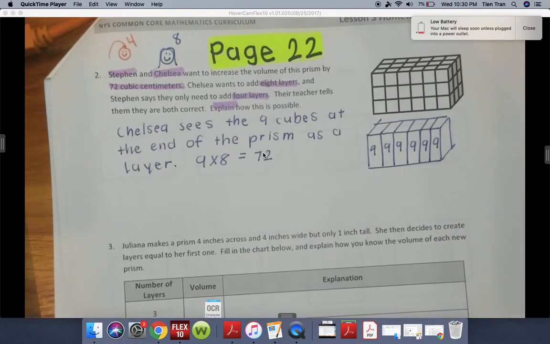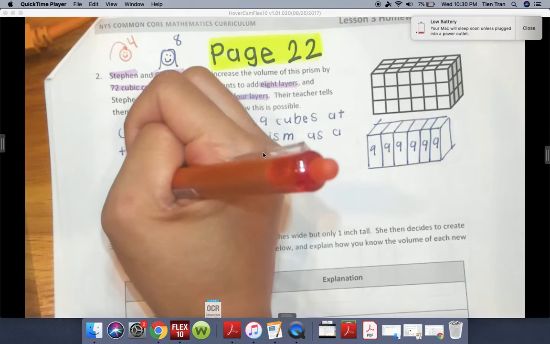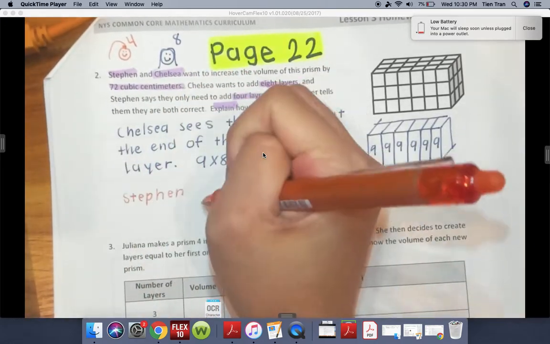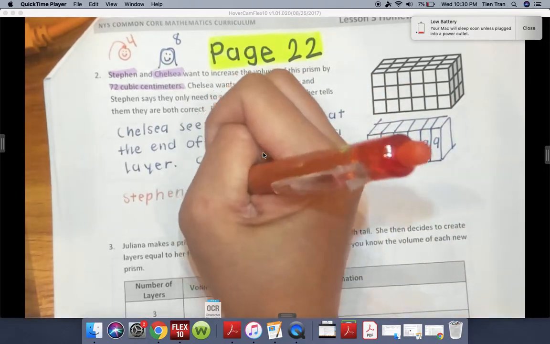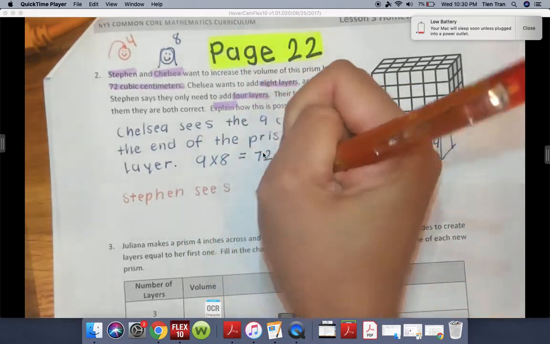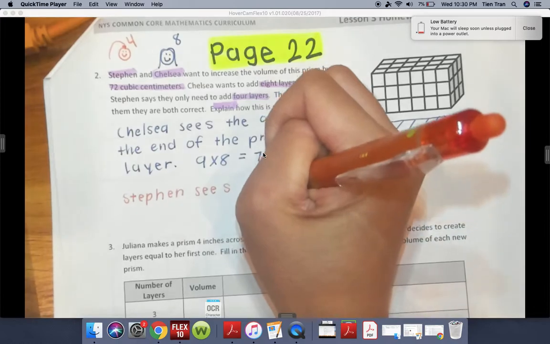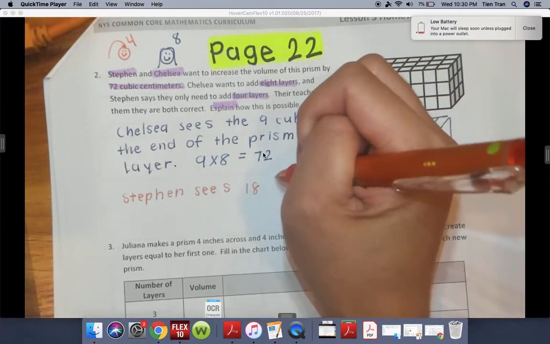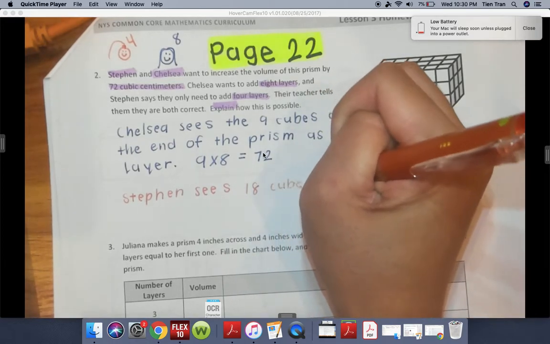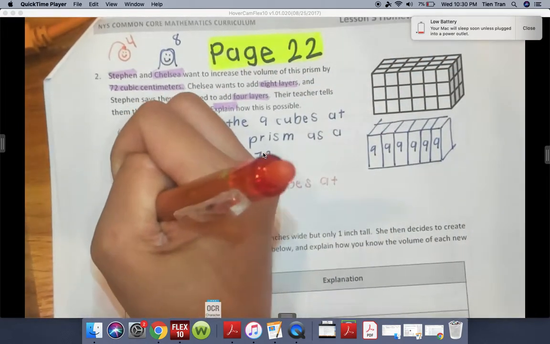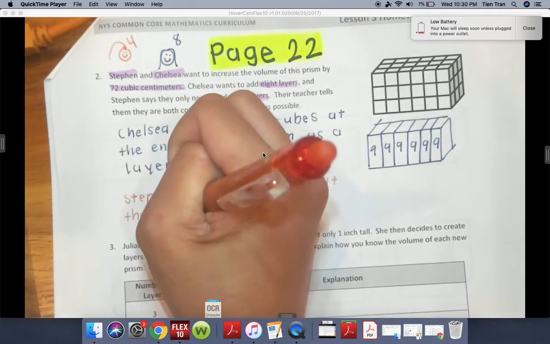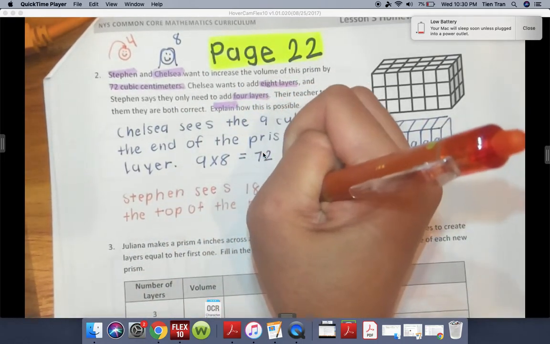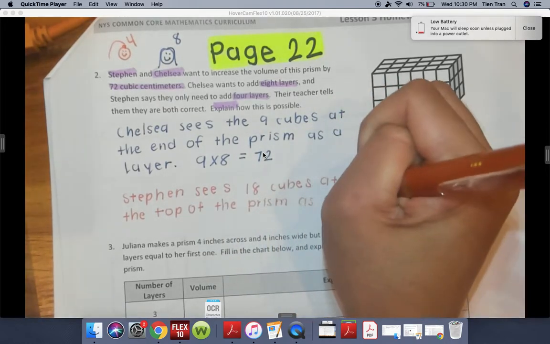On the other hand, you have Stefan. He sees 18 cubes at the top of the prism as a layer.